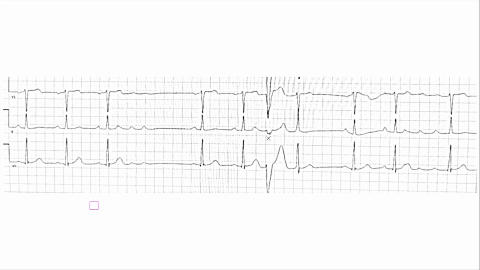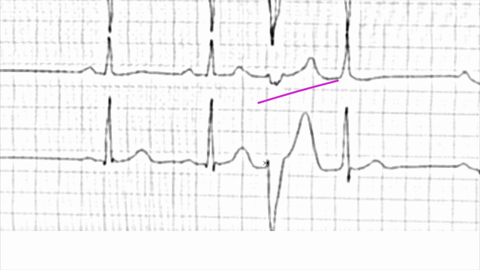First thing that really pops out is I was looking at this as a PVC, and here we can see that yes, indeed, this is a PVC, and this QRS is probably 160, let's say 160, 170 milliseconds wide.